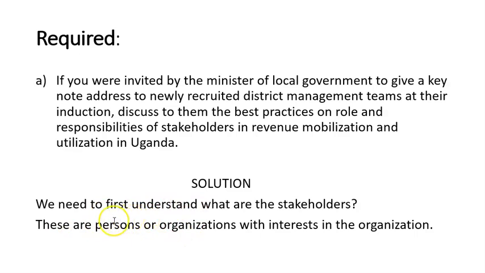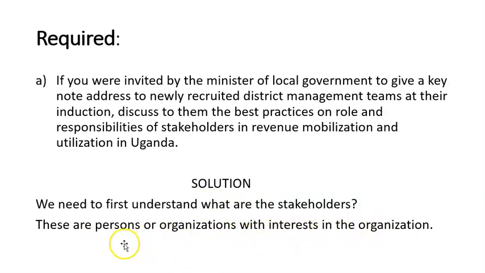The first solution is you first describe the different stakeholders. We have internal stakeholders and external stakeholders. As you can see, we need to first understand what stakeholders are. These are persons or organizations with interests in the organization.